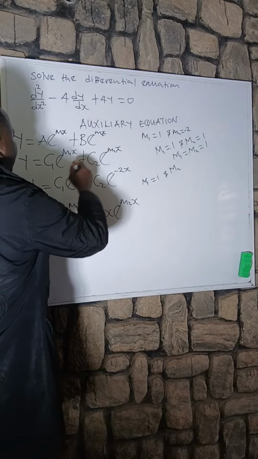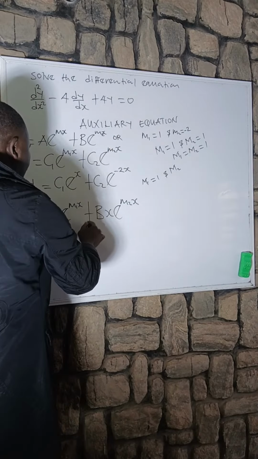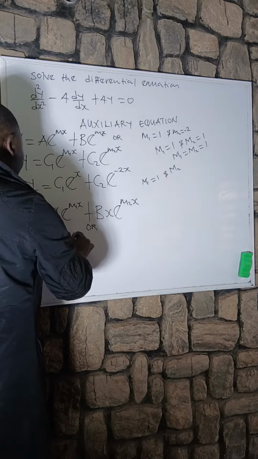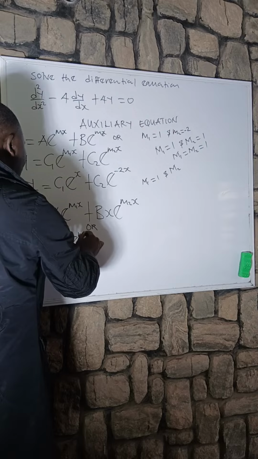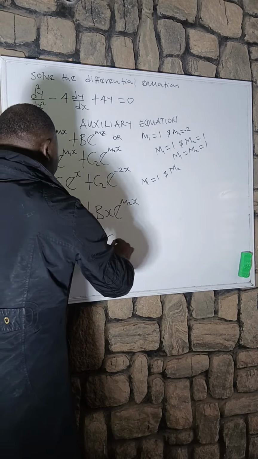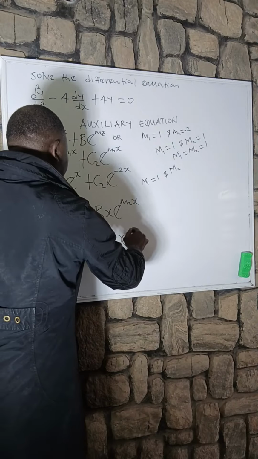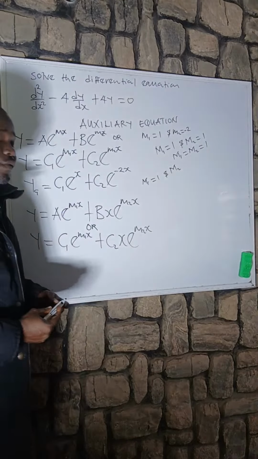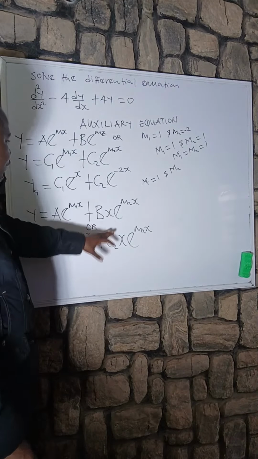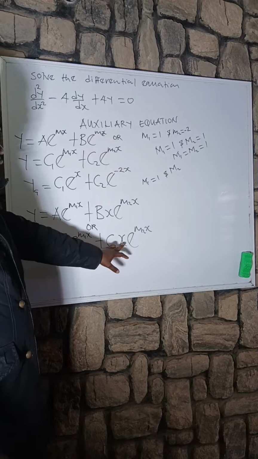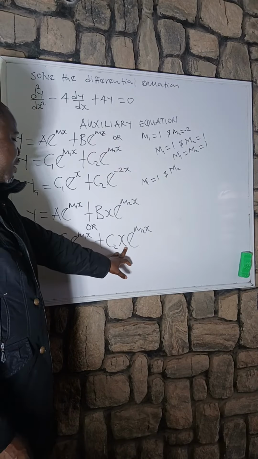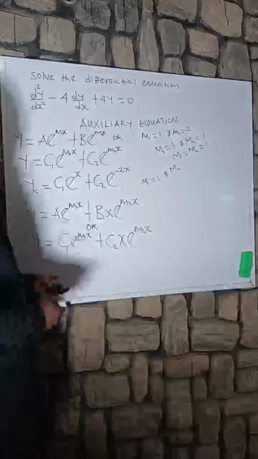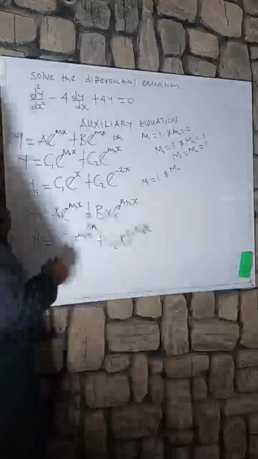Or y equals c1 exponential m1x plus c2 x exponential m2x. Can you see the difference? There is an x attached at the end of this term.